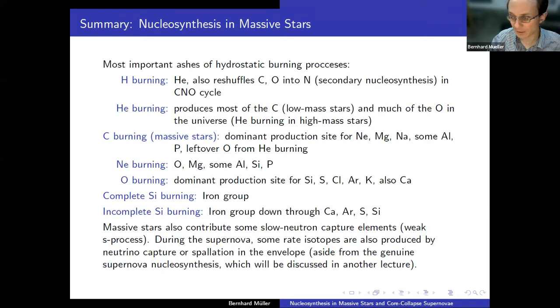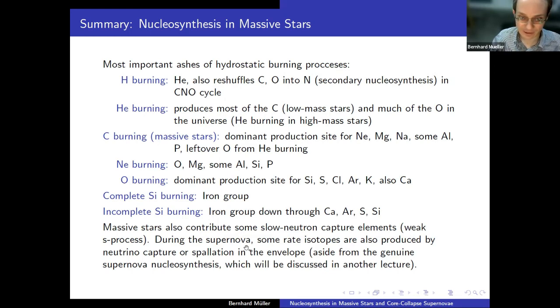From carbon burning, you get primarily neon and magnesium and a few of the other ones in that vicinity. More oxygen and magnesium from neon burning, then intermediate mass elements from oxygen burning, and most of what you make from silicon burning will actually later on be locked in the neutron star.